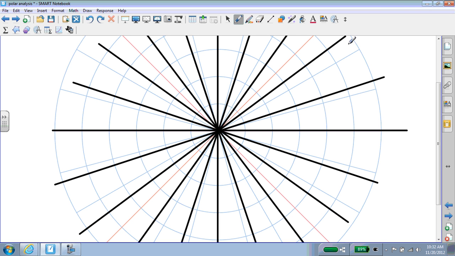So I have pi over 10, 2 pi over 10, 3 pi over 10, 4 pi over 10, 5 pi over 10, which is pi over 2, 6 pi over 10, 7 pi over 10, 8 pi over 10, 9 pi over 10, 10 pi over 10, 11, 12, 13, 14, 15, 16, 17, 18, 19, 20 pi over 10. So these are in pi over 10s. I did that so it would be easier for me to make my polar graph follow my trig graph.